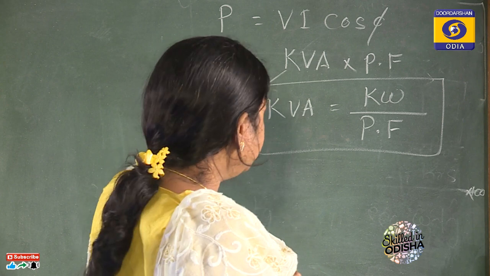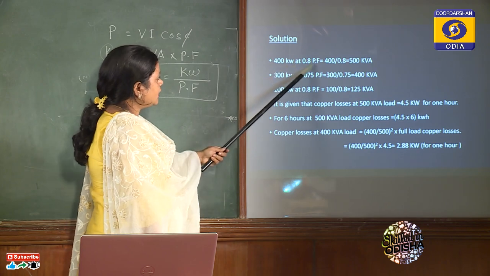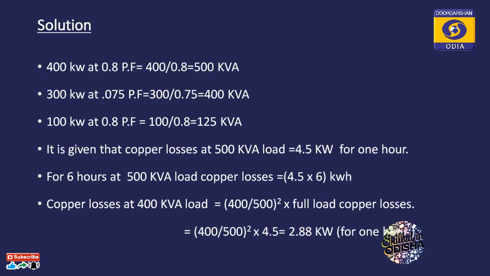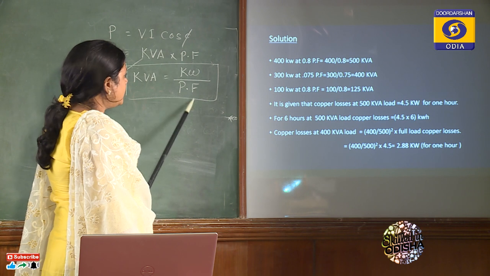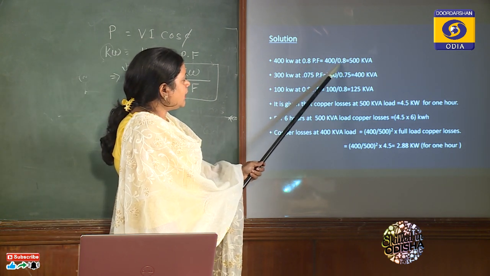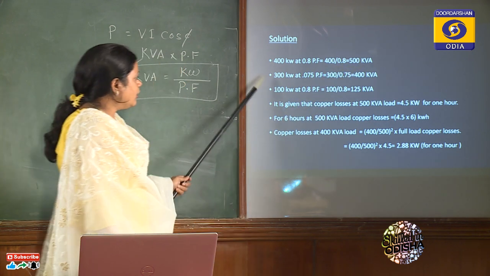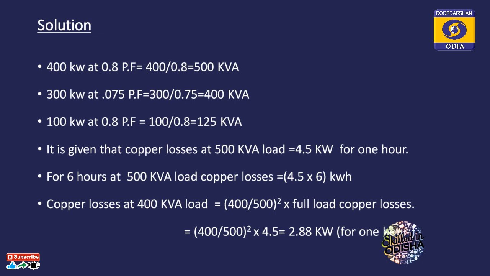So see, here given 400 kilowatt at 0.8 power factor. So 400 kilowatt divided by power factor, that will be 400 divided by 0.8, which is equal to 500 kVA. Next load is 300 kilowatt at 0.75 power factor, that is 300 by 0.75, which is equal to 400 kVA.